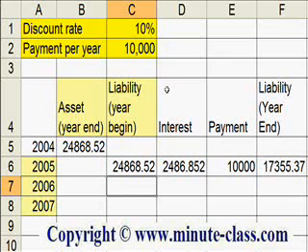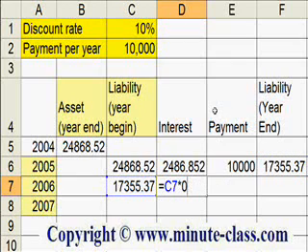And then for 2006, the beginning of the year is, of course, equal to the end of 2005. So this is 17K. And similarly, we find the interest by multiplying this by 0.1. And we know that in 2006, at the end of the year, we also pay 10K.